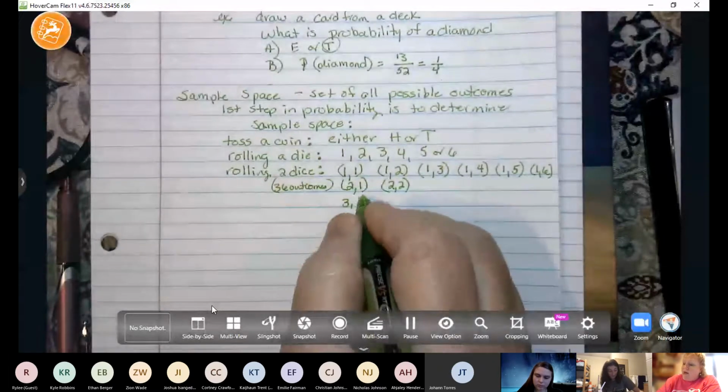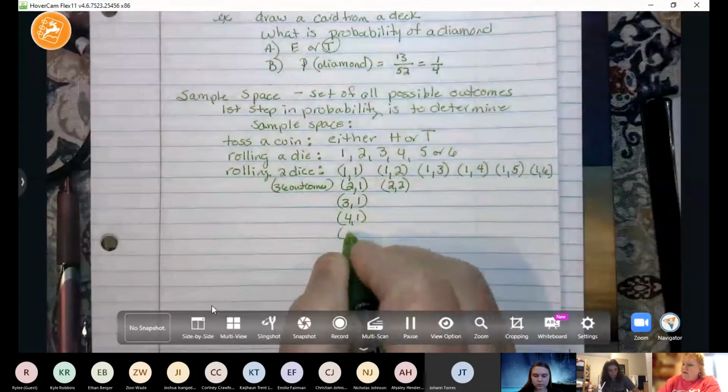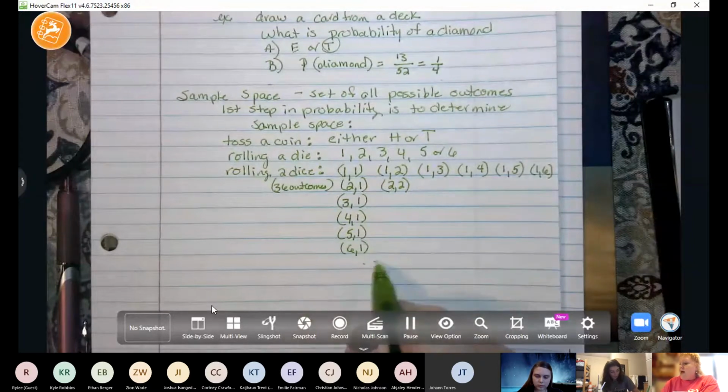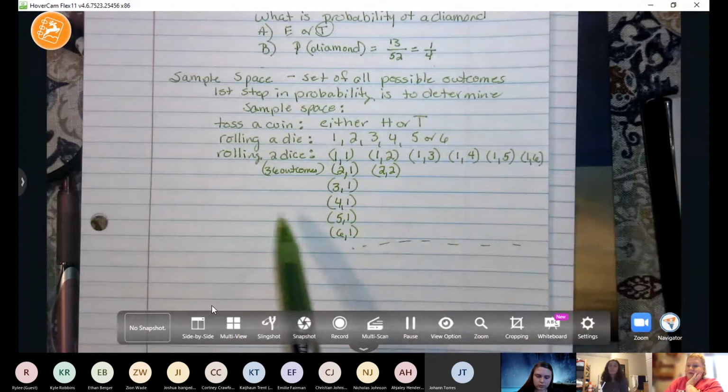A 3 with a 1, a 4 with a 1, a 5 with a 1, and a 6 with a 1. Now, I'm not going to complete the table. You can complete that table on your own. But those would be all your possible outcomes.